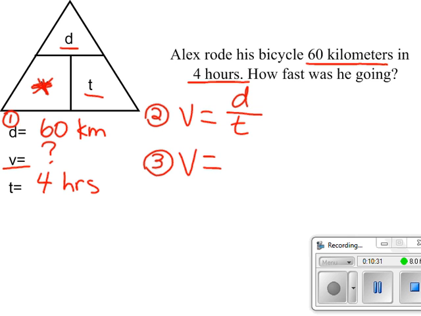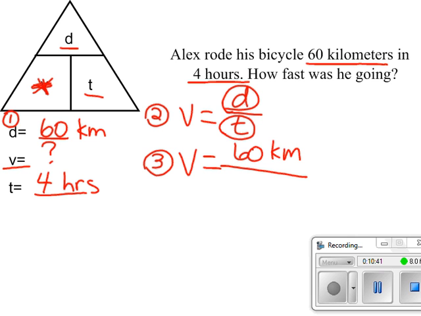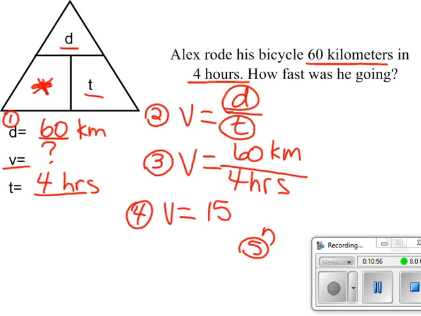So velocity equals distance first, which is here, 60 kilometers, over time, which is here, 4 hours. And step 4 is to solve now. Velocity equals 15.